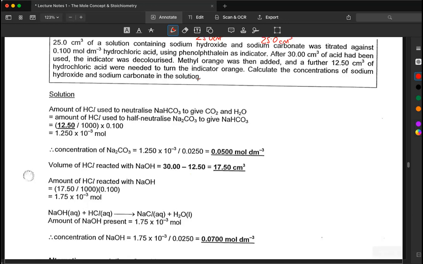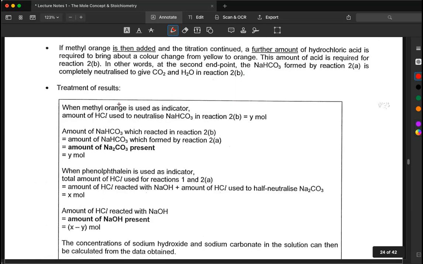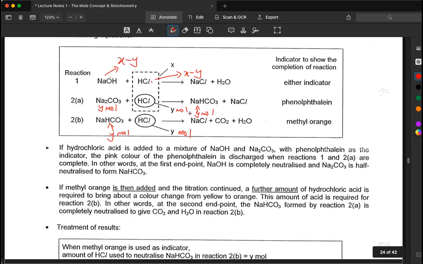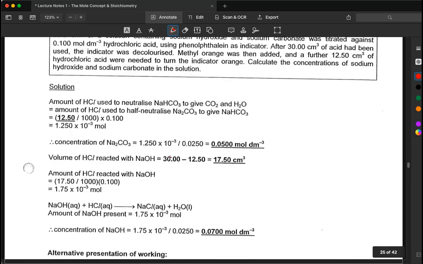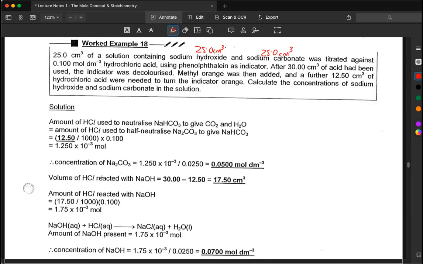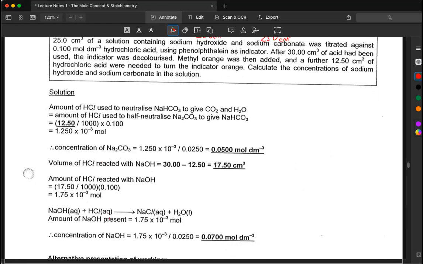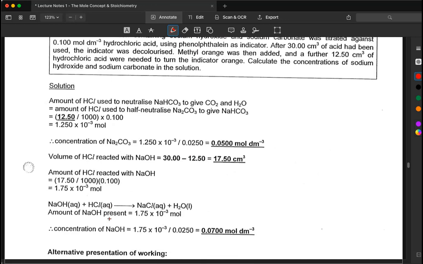So the total volume minus away the one that reacted in the second reaction, Y would be this one. Then you calculate the amount of HCl that reacted with sodium hydroxide, which will be 17.5. You take the volume multiplied by the concentration of the acid. Then based on the mole ratio, you can calculate the mole of NaOH present, and then you work out the concentration. That's it.